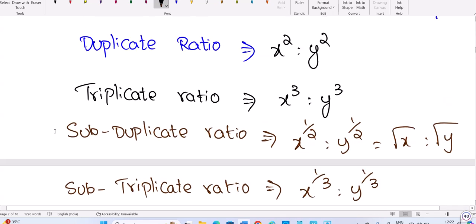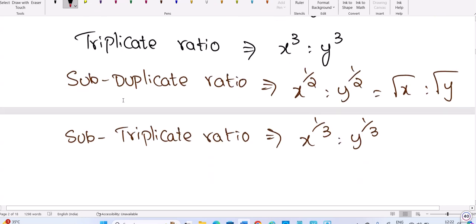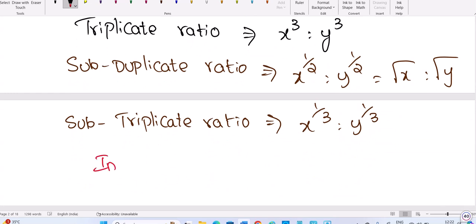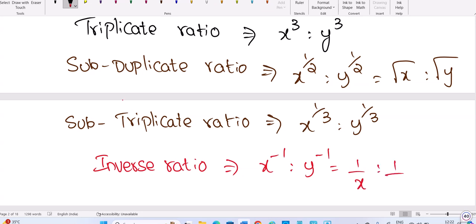Inverse ratio is also there. I think everybody can guess what the inverse ratio is. For x and y, the basic ratio is x is to y, and the inverse ratio is y is to x. Inverse ratio is basically x power minus 1, y power minus 1, which is 1 by x, 1 by y.